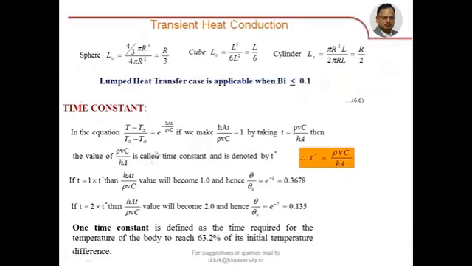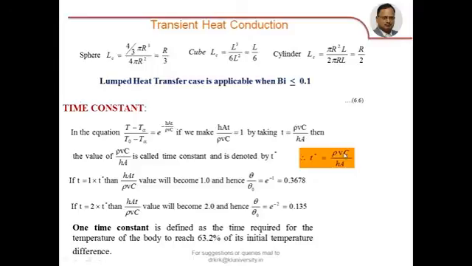This concept of time constant is mostly used in assessment of temperature using thermocouples. When you use a thermocouple, the material of the thermocouple may be a combination of copper and constantan or nickel and copper, maybe anything, which has a density rho.